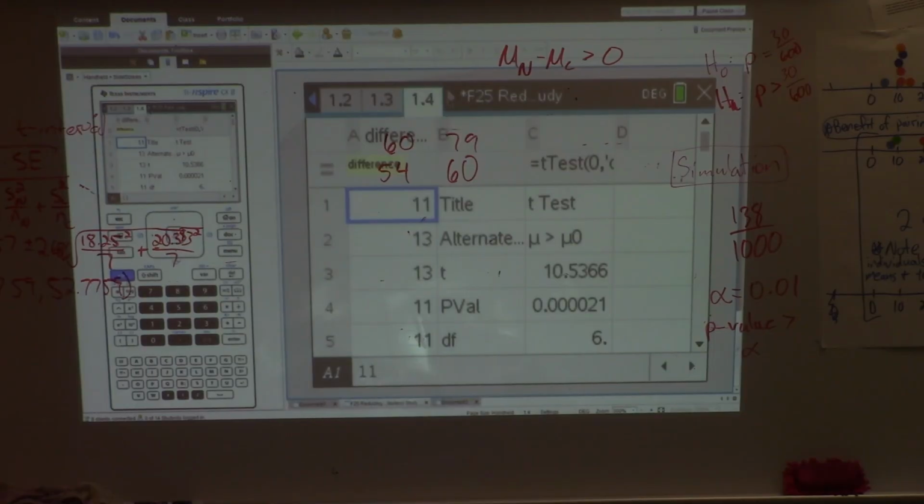I made this note for yesterday: when you have a paired t-test, the individuals are paired together from the beginning, and you take a difference of the pairs first. Once you take a difference of the pairs, does that look like a 1 sample or a 2 sample? 1 sample. The test runs exactly like a 1 sample. The confidence interval runs just like a 1 sample.